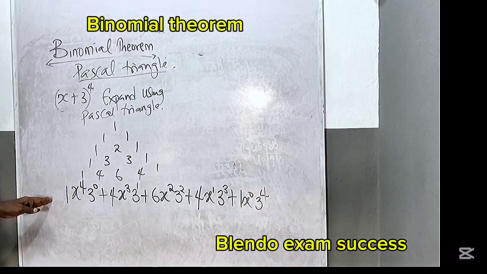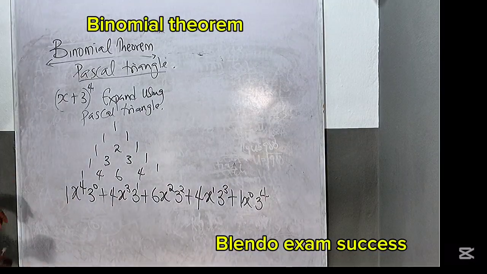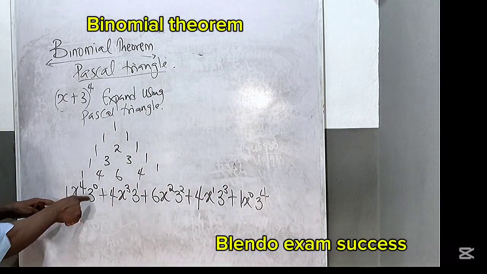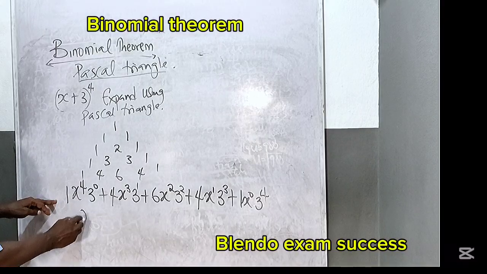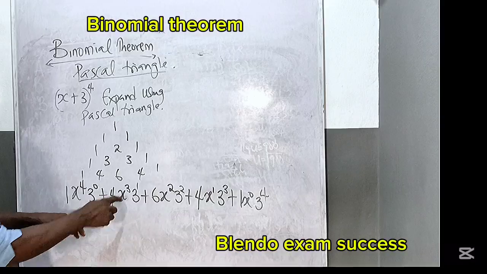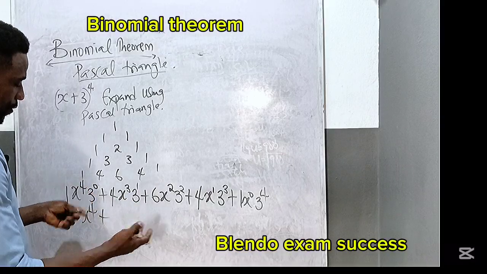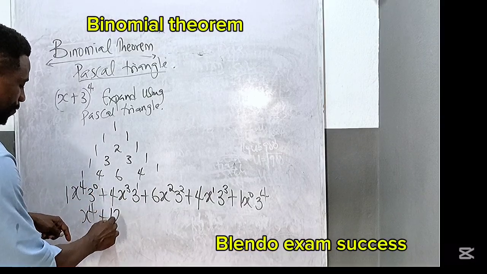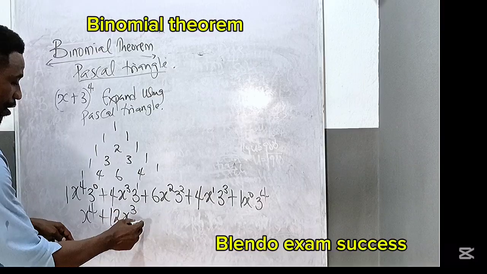Now at this point, we say that anything raised to the power 0 is 1. 1 times 1 is 1. So here we have x raised to the power 4 alone. Plus 3 squared is 9? No: 3 raised to 1 is 3, and 3 times 4 is 12. So 12x cubed.